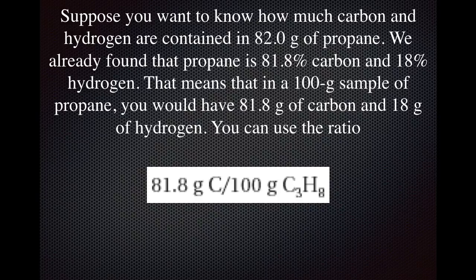So that's the question, because they're asking you again, what is the mass of carbon and what is the mass of hydrogen in that 82.0 grams of propane that you have? So this is what this is literally saying.